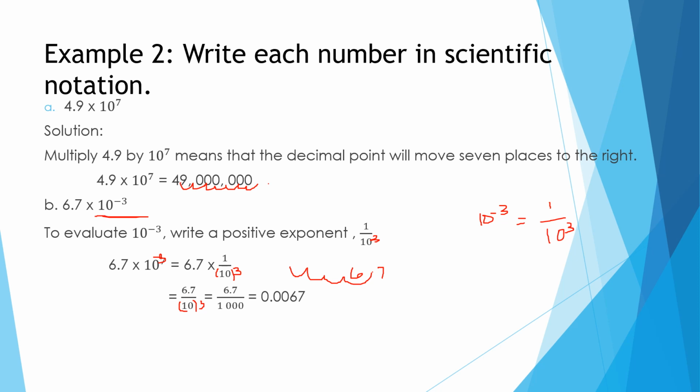Okay, so if we're going to do that manually from here, 1, 2, 3. That's why 1, 2, 3. So we add zeros here. Okay, so that's why we get this number, that is in decimal form.